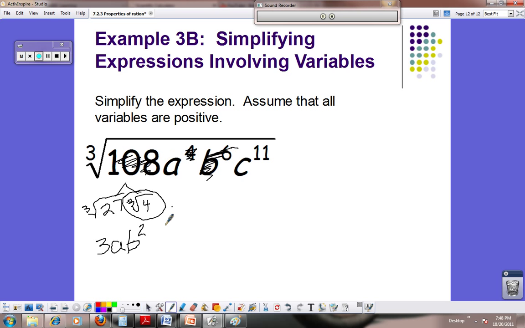And then 3 will go into 11 3 times, so that's a c, three times, and I'm going to have a remainder of 2. Once I pull out all of those perfects, remember, everything that's under the radical just stays there. So I'm left with 3ac cubed times the cube root of 4ac squared. Okay? All right.